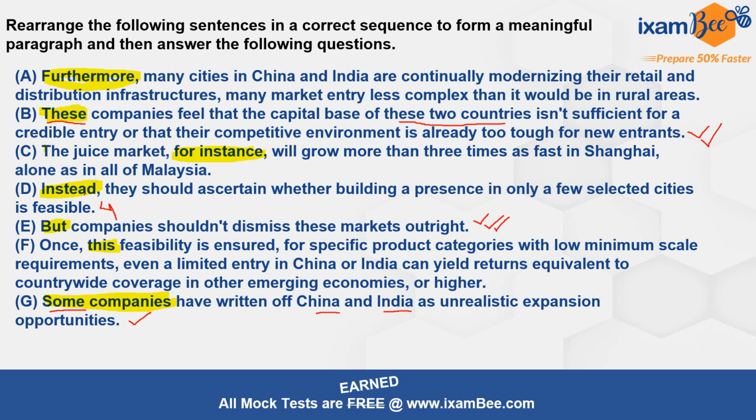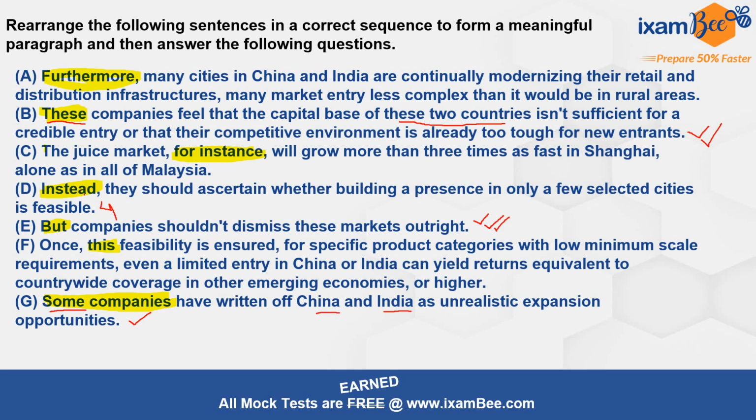Now, what the sentence is saying, that rather than jumping to all the cities and making their presence in the whole country, these companies can select a few cities and make their presence there, right? That means open their factories or industries only in a few selected areas. So this might be feasible.